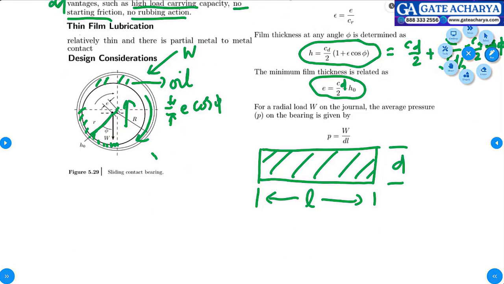Phi, what is that? One line passing through the center of the bearing, this point, and another, horizontal axis passing through the center of the journal. So join these two, it will be like this.